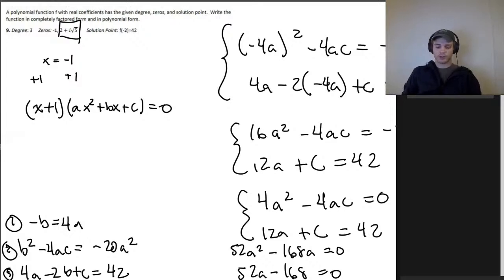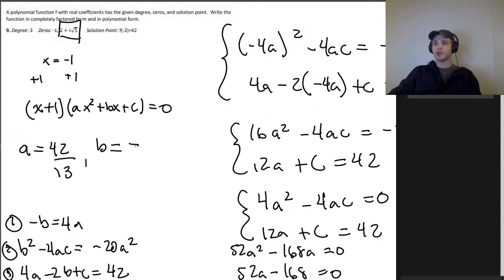So let's get to the calculator. So 42 over 13. Okay, so let's try it. I'm getting a equals 42 over 13. Then we can use equation 1 to find b. So b equals negative 4a.